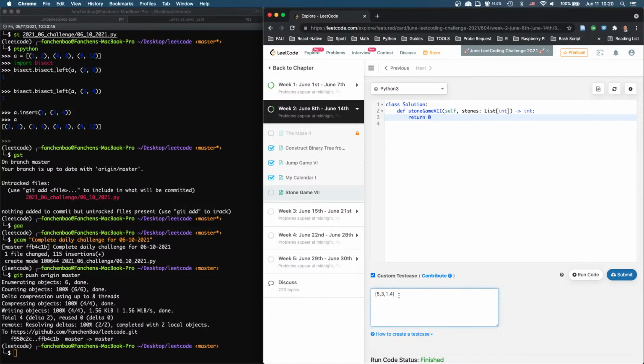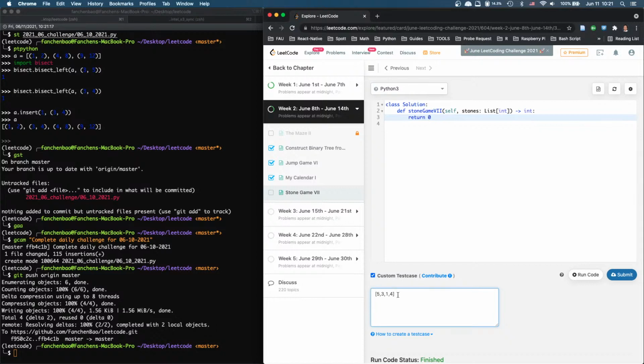We know Alice is going to take the difference of the score, and then plus Alice's score. So if it's 4, Alice goes first, so we know Bob's going to pick the last one. So Alice is 4, Bob is 3.